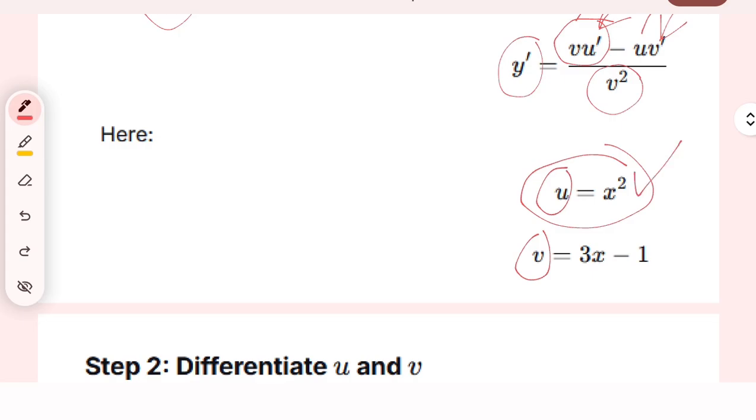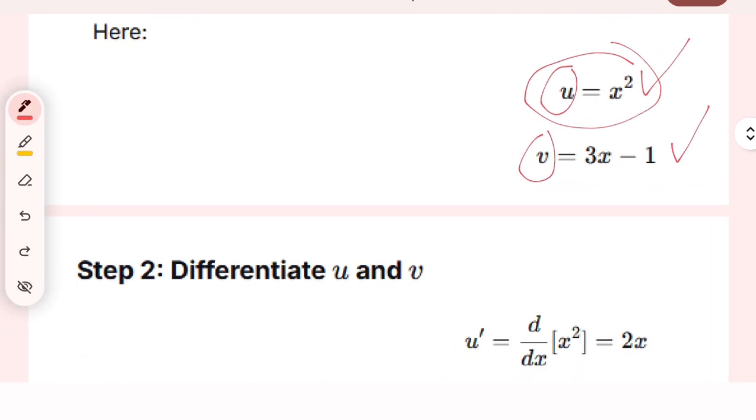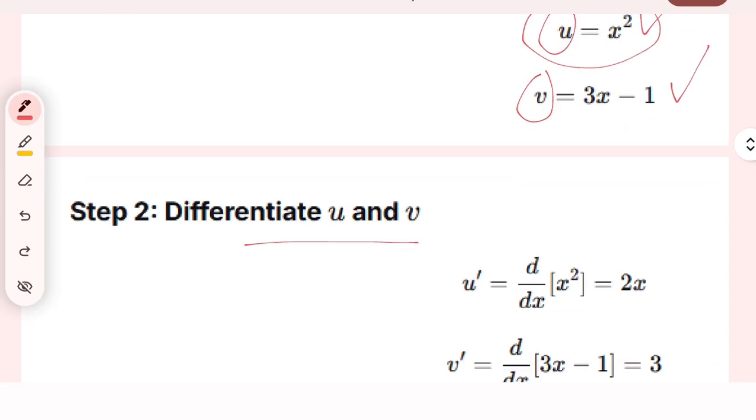Based on the quotient rule, we will need the derivatives of the numerator and the denominator in its formula. So first, we will differentiate the numerator and the denominator.